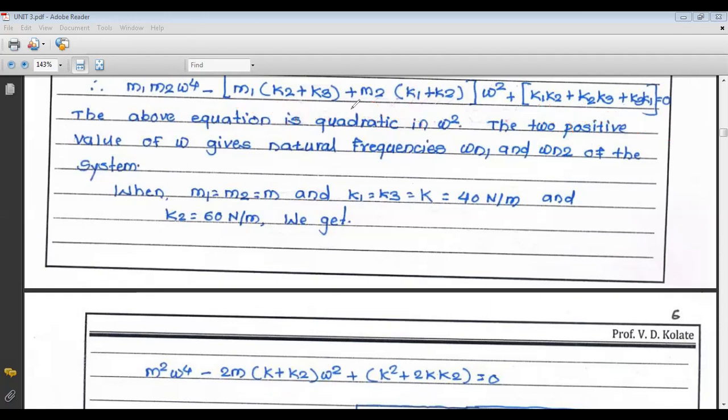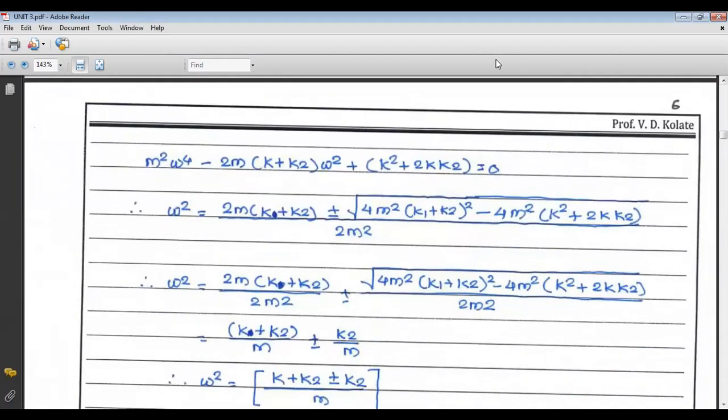Now what will happen? After simplifying, we divide this equation by m square, so this becomes m square, and this also becomes m square. Now this is an equation of the form a x square plus b x plus c is equal to 0.